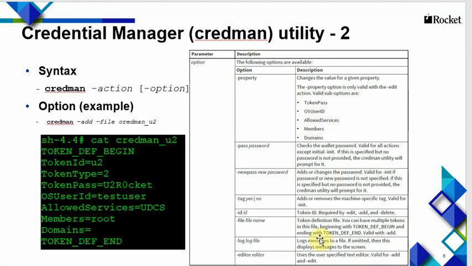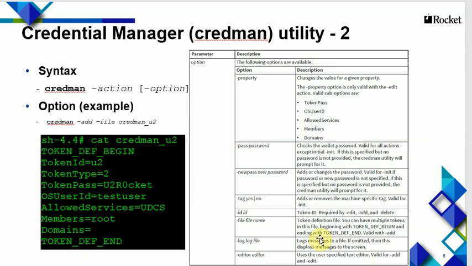You can use a very simple way to create the credential manager. You have three ways. You can run it from the command line in a DOS window or Unix environment, running the cred command. Also, you can use a file if you want to create a new token ID.